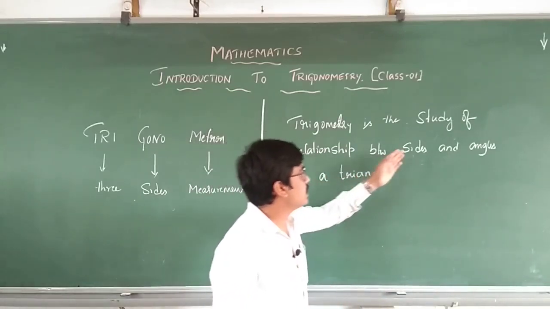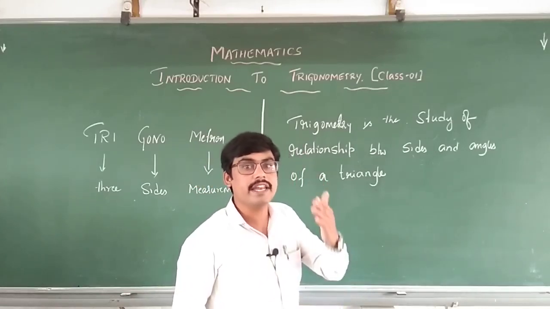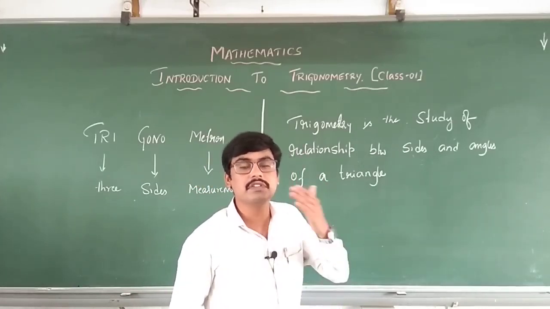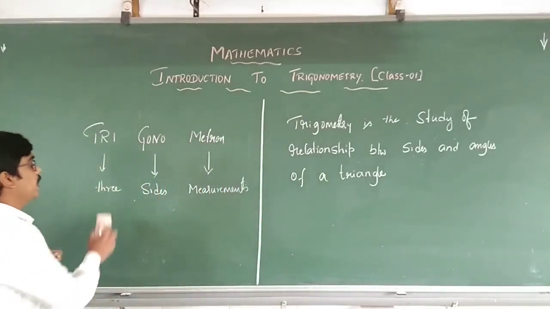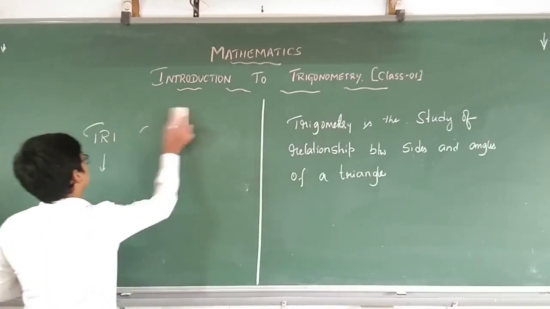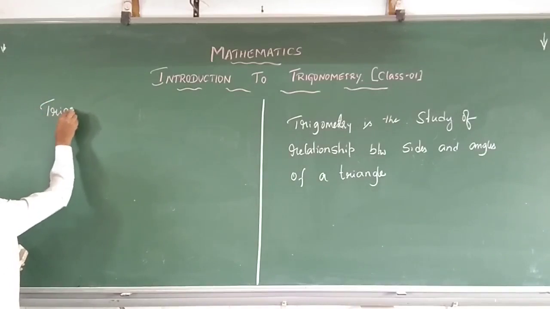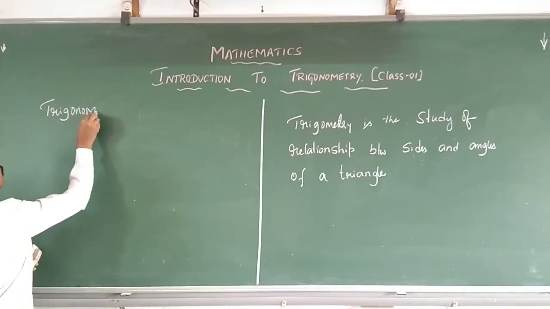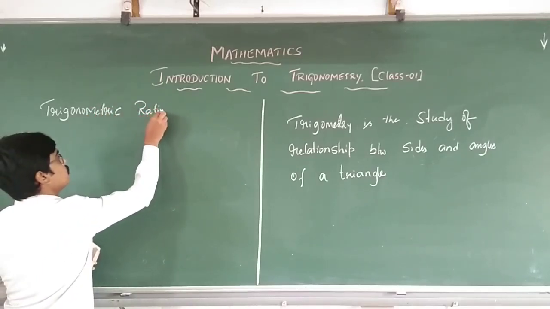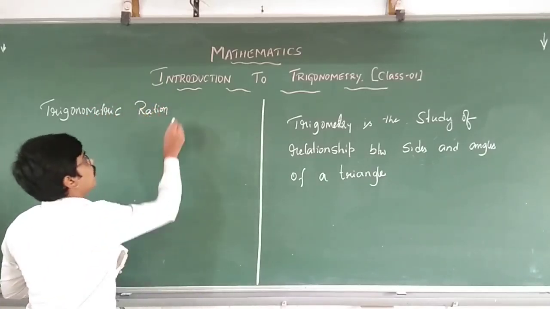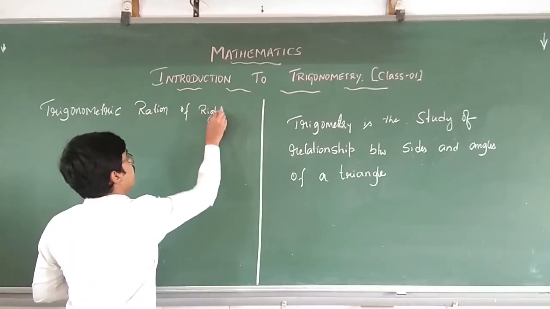We call that trigonometric ratios of a right triangle.